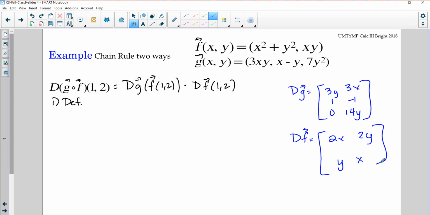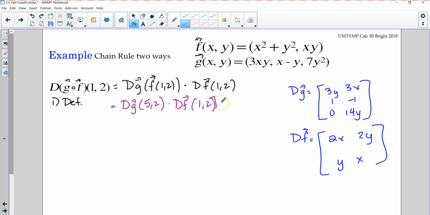I believe at the end of the day, if you were to compute this, f of (1, 2), we end up getting d of g of (5, 2). I'll let you verify this. Again, I'm just going through the math quickly. And then times d of f of (1, 2).